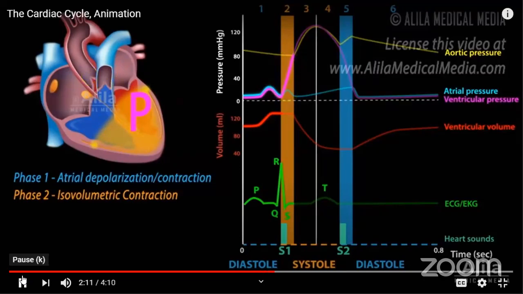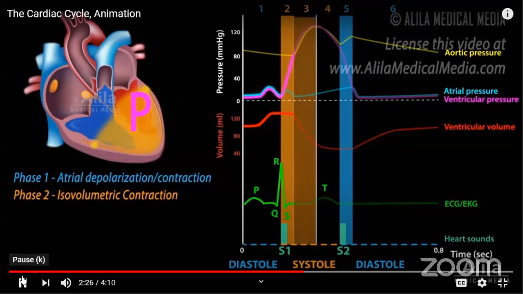This phase is referred to as isovolumetric contraction because no blood is ejected and ventricular volume is unchanged. Ventricular ejection starts when ventricular pressures exceed the pressures within the aorta and pulmonary artery. The aortic and pulmonic valves open and blood is ejected out of the ventricles. This is the rapid ejection phase.